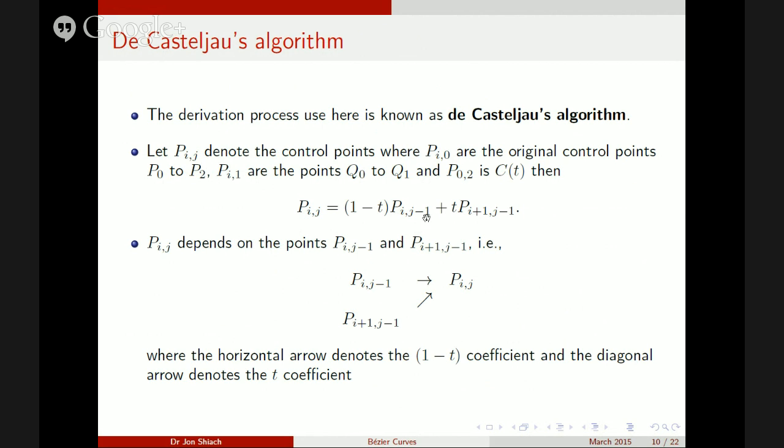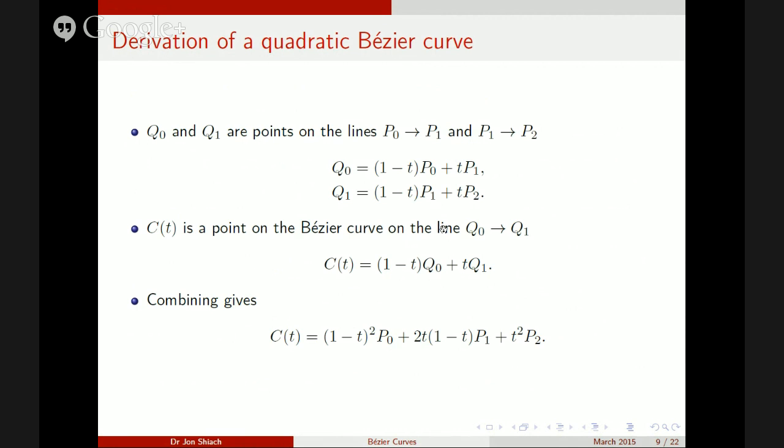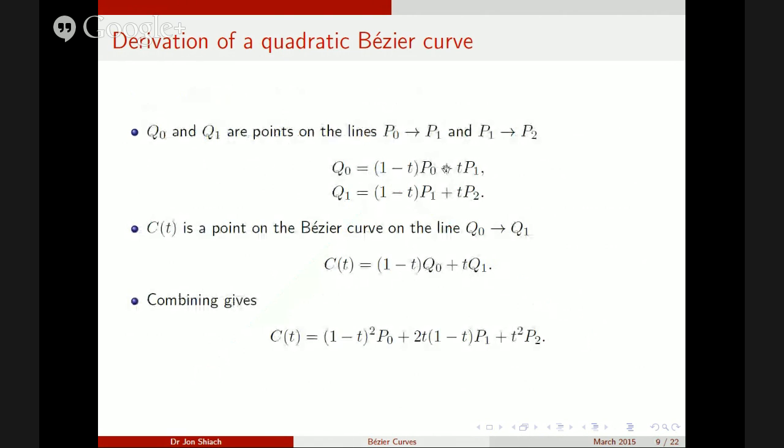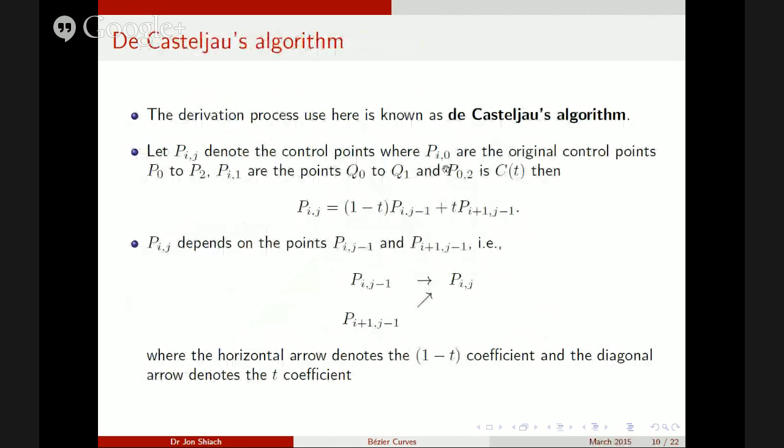Okay, this is exactly the same as what we've done here. It's just written in a more generalized way. De Casteljau actually presented it in this manner, which is easier to understand. A value of a point Pij is a combination of this point and that point.